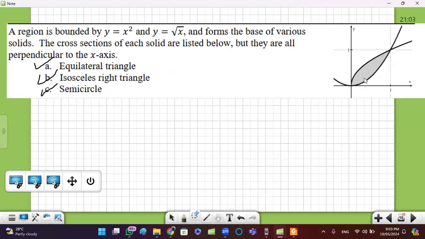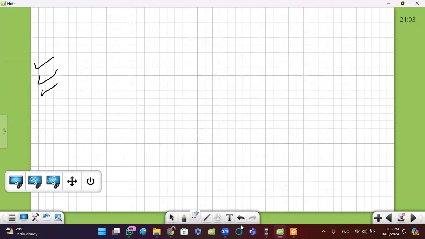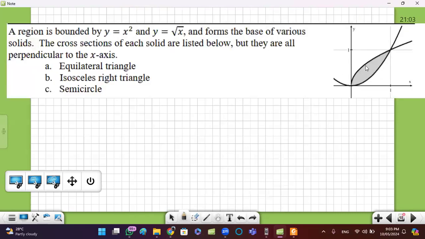If I have this is X, I need to find the height. So it will be root 3 over 2 X, correct? So I set up the integral from 0 to 1.